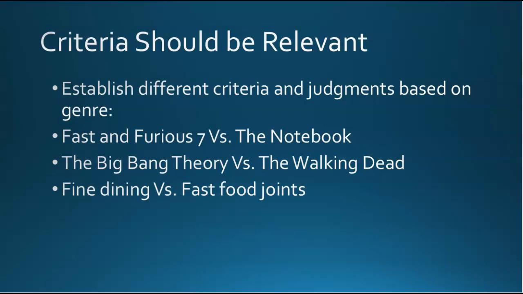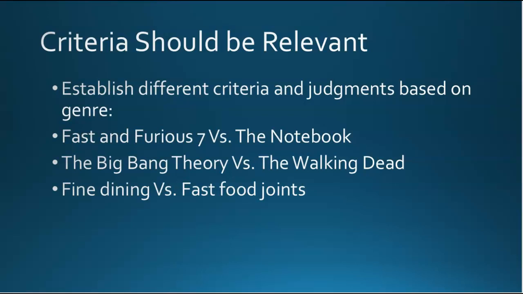But criteria should be so relevant, so specific, that even if you are looking at something in maybe the same category, you still have to be able to break it down and be so specific that your reader understands what the standards are to such a degree that it is clear and they won't be lost.